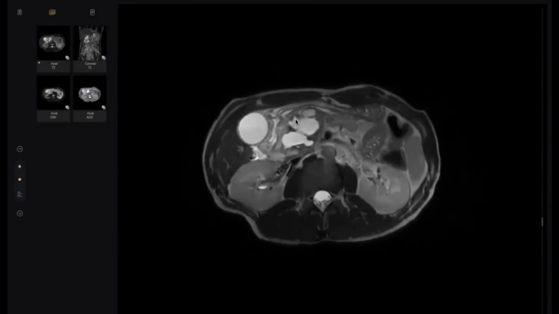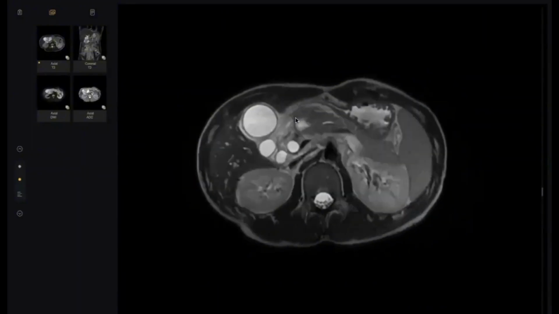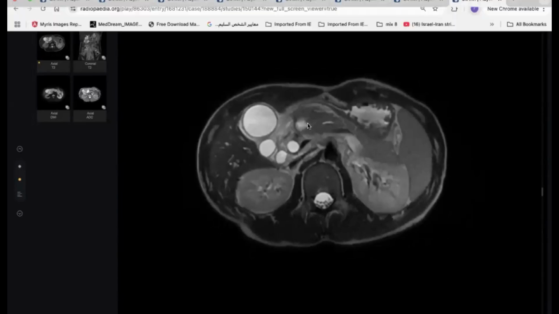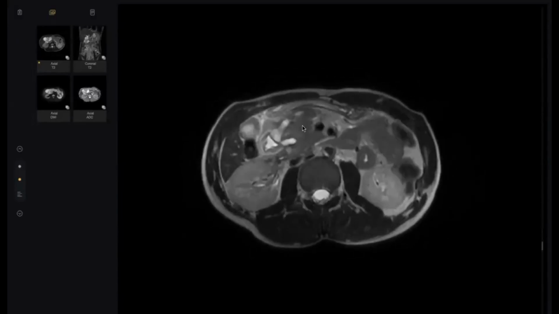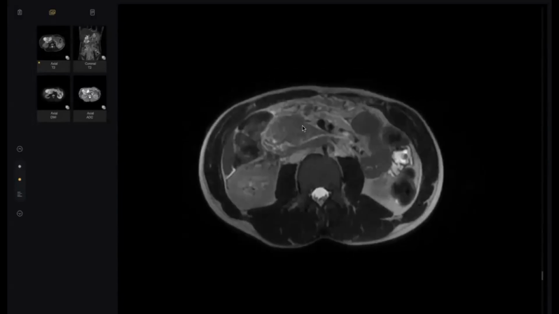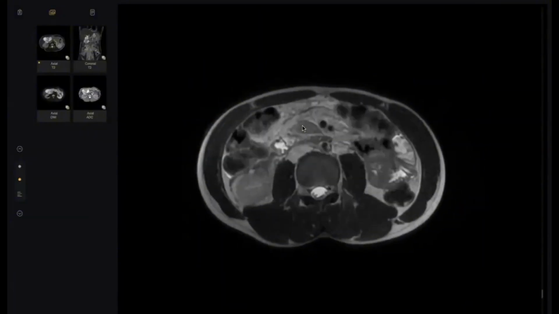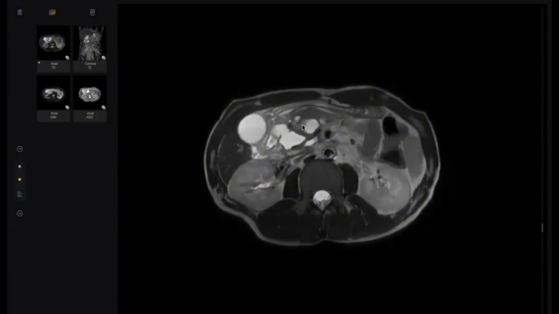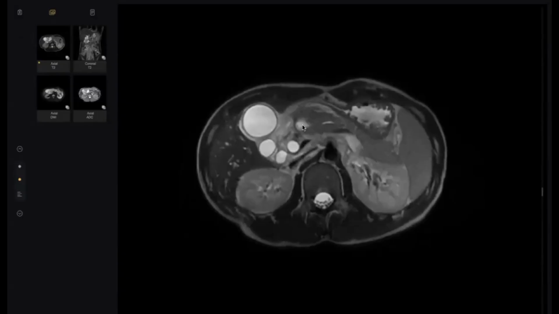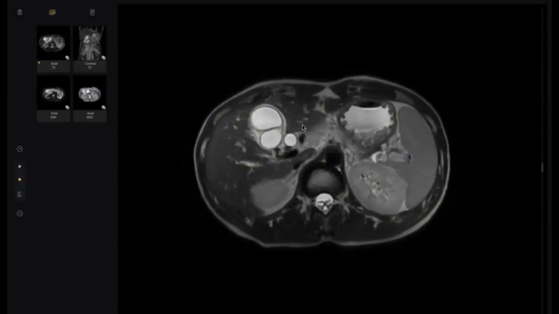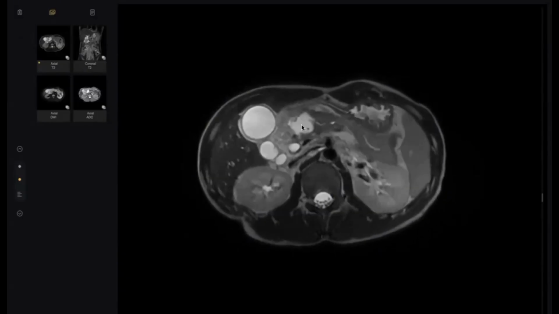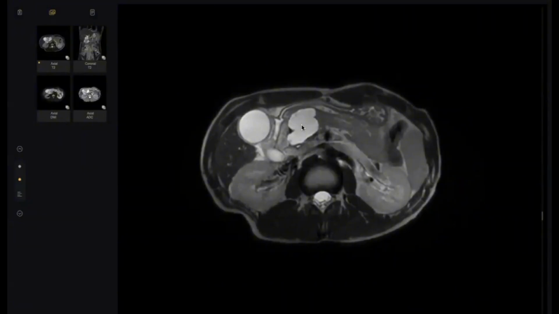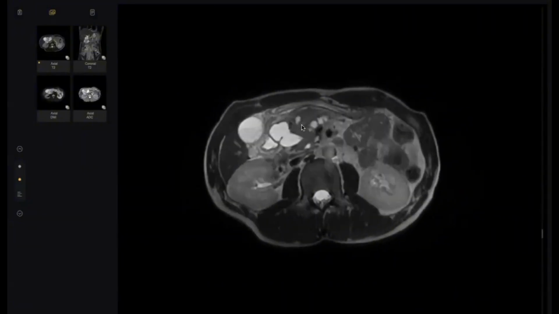Is this a cyst or a pseudocyst? A traumatic pseudocyst will take time to develop, and we don't know since when this trauma happened, just the patient report. We don't know when.